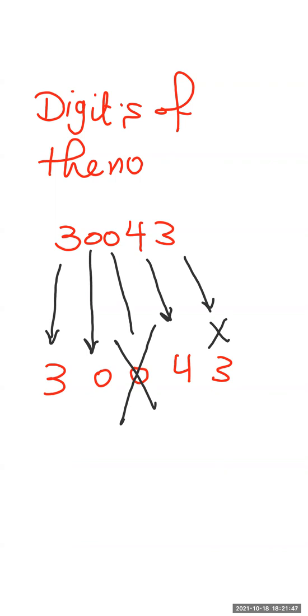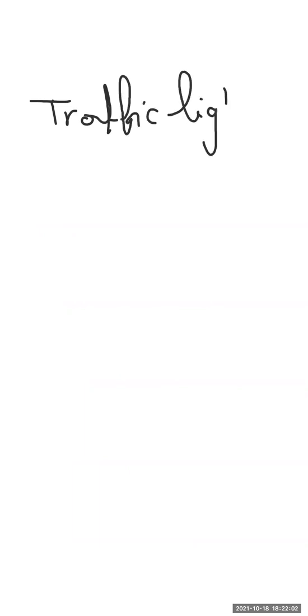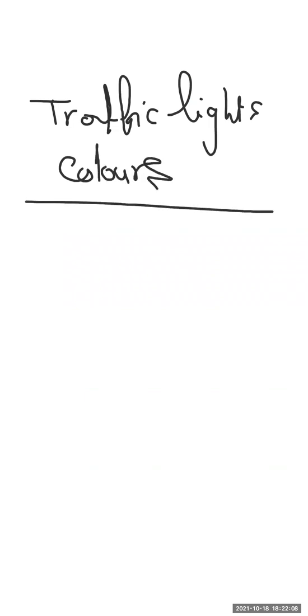Again, guys, the elements of the set means the objects inside the set. Like what? Traffic lights. Mister, is this lesson 2 or lesson 1? Still in lesson 1. Traffic light colors.